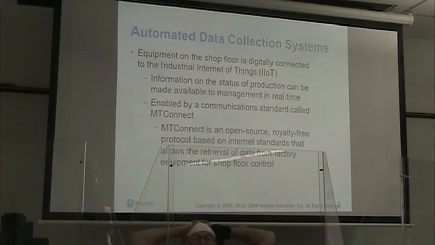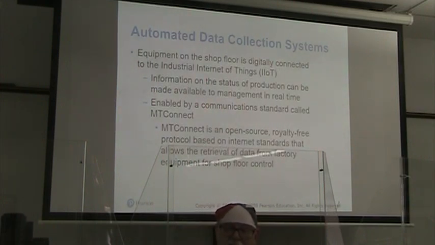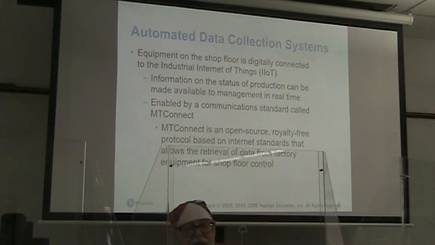An automated data collection system, the equipment on the shop floor is digitally connected to the Industrial Internet of Things, or IIoT. That way, our information on our status of production can be seen by management in real time.